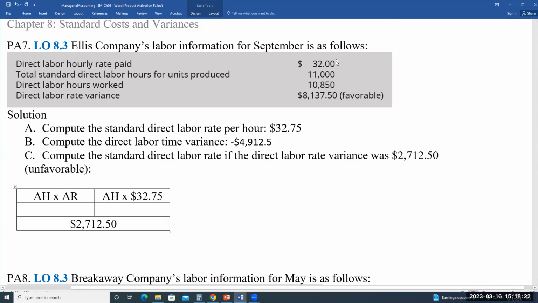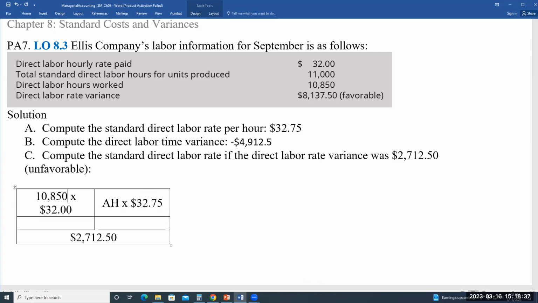We know the actual rate is 32. Actual hours is 10,850. Oh, actually, in this case, the standard rate is going to be different. That's what they want us to calculate, right? Okay.